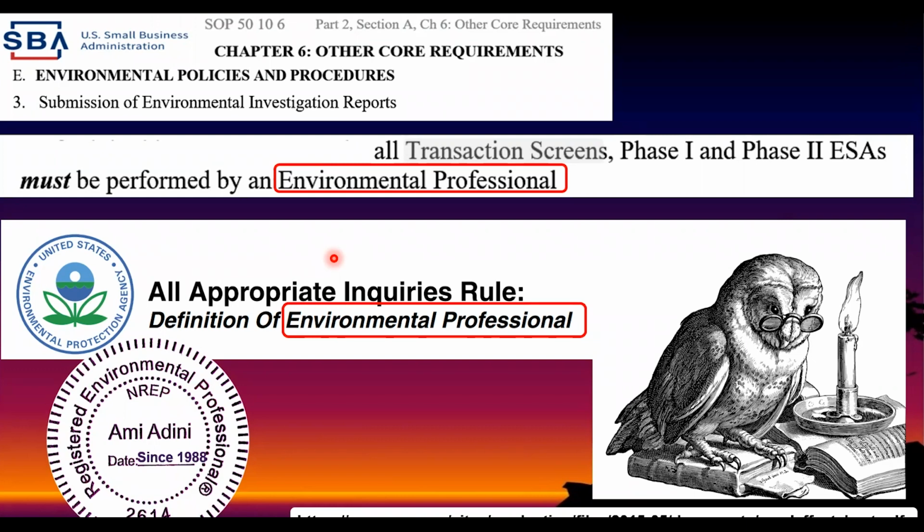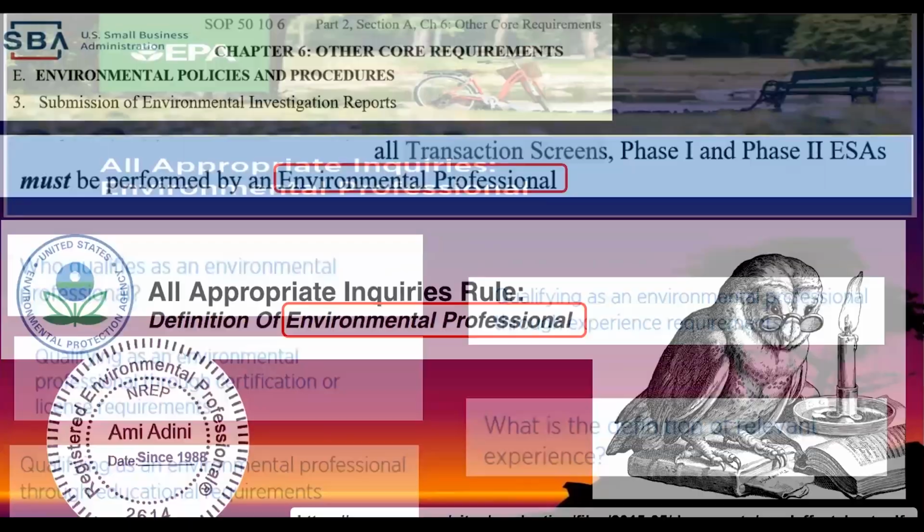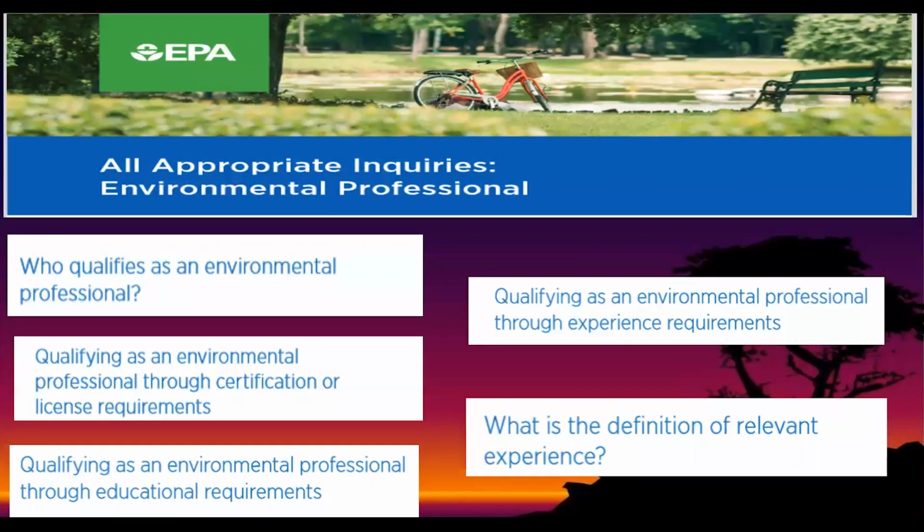So who or what is an environmental professional? Again, that's the EPA, and it is a long definition. Here are some headliners. This is not the definition, but they say who qualifies as an environmental professional.